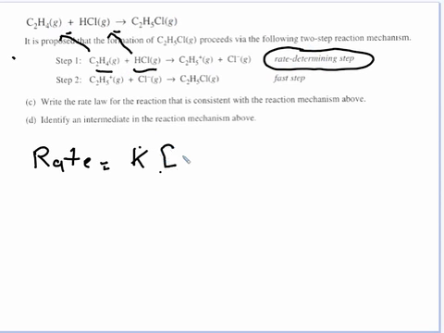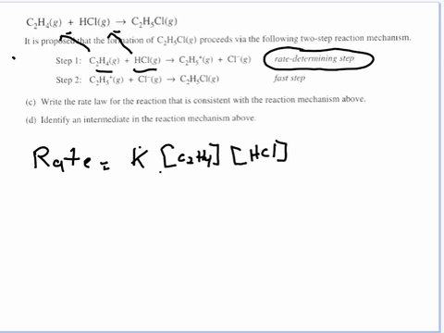So it's going to be rate equals k times C2H4, to the first power because there's a 1 in front of it, and then HCl. And remember, no solids or pure liquids are in the rate law, only gases and aqueous things. So that's the answer for that one.